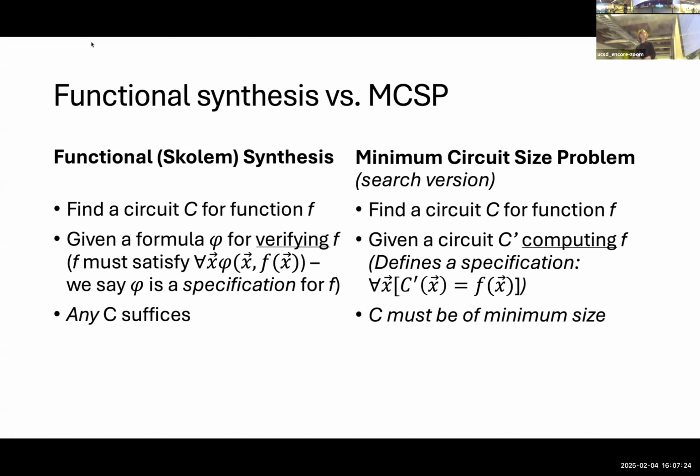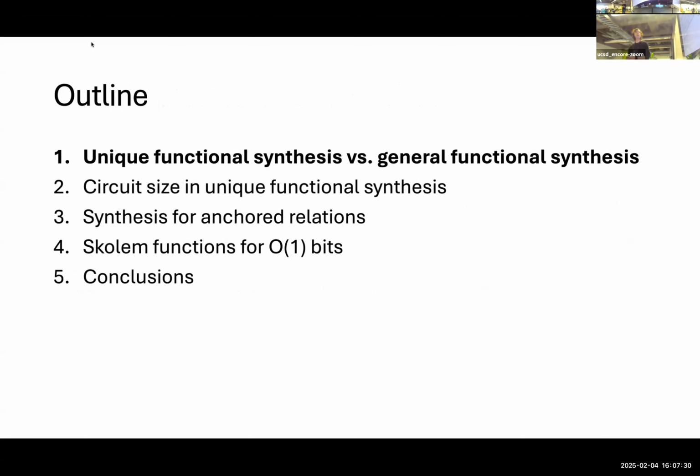All right. So functional synthesis is still in general a pretty hard problem. Okay. And people are interested in solving it. And sort of our agenda here is trying to understand special cases of the problem where we can at least do something given some powerful tools. Okay.